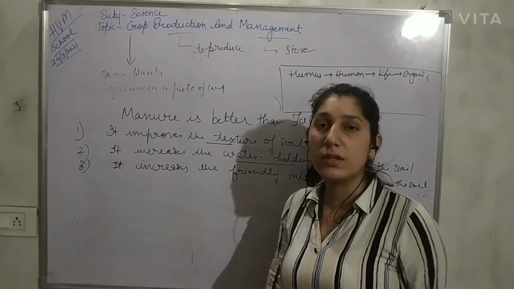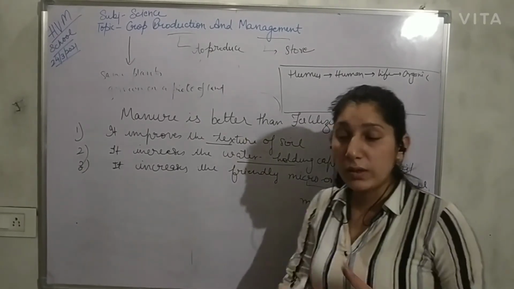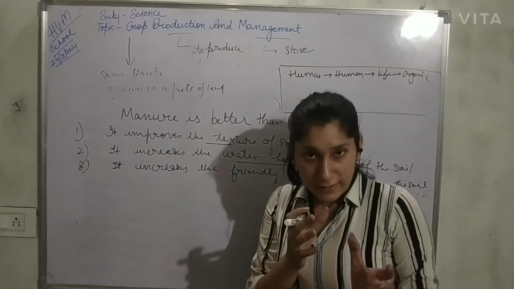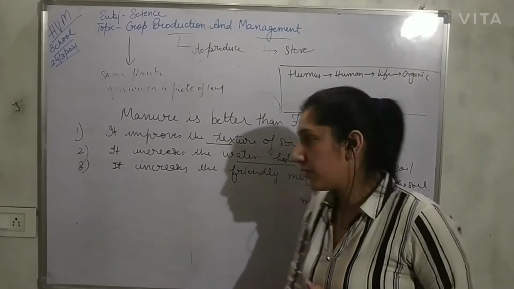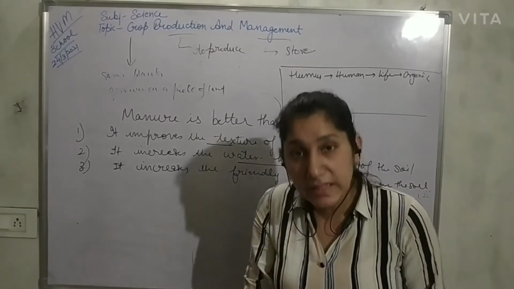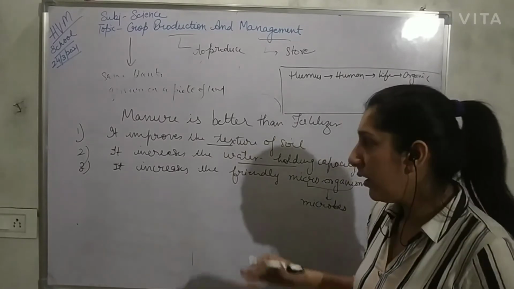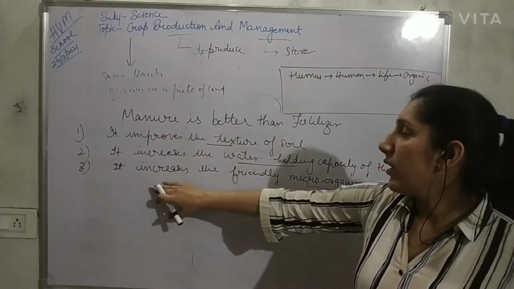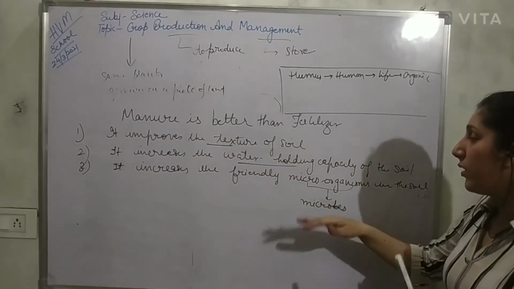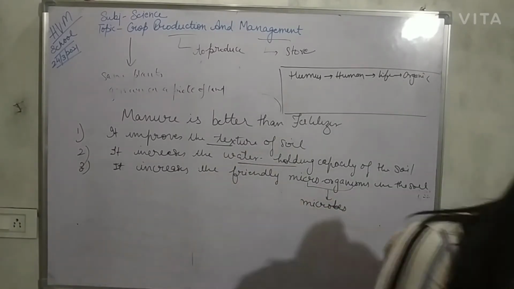It cannot be seen with the naked eye in a small quantity. We need devices in order to study their structure. So these are the microorganisms that the soil needs in order to grow crops. So manure increases the number of the friendly microorganisms in the soil.